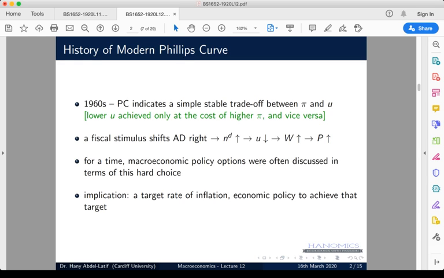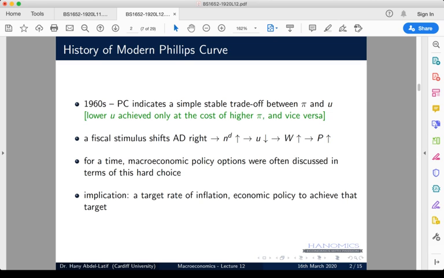Later on, the Phillips curve concept was augmented, or modified, by including expectations and also accounting for supply shocks. The events in the 1970s showed how important these shocks are in determining the inflation rate.